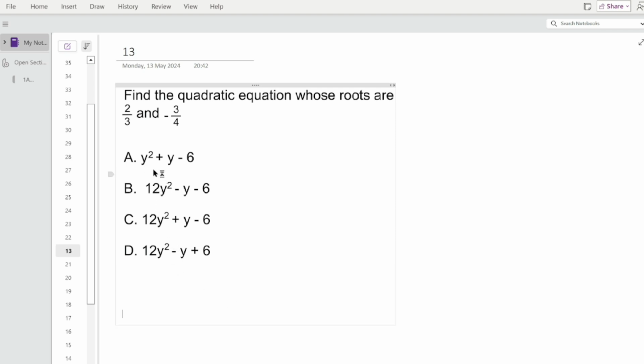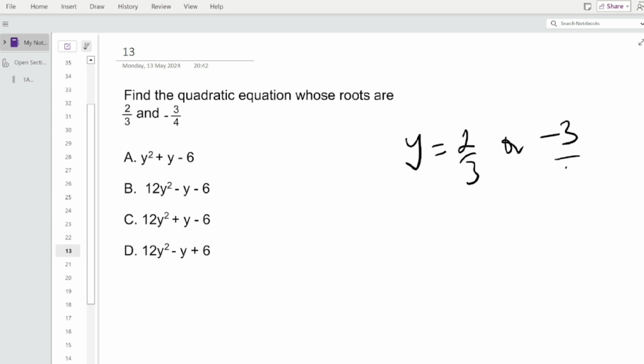Since we're given y as our alphabet, we have y equals 2 over 3 or minus 3 over 4. Next line, we have y, then this 2 over 3 has a plus in front of it, although it's not written. It goes back inside. So when it's crossing the equal to sign, it turns to minus.